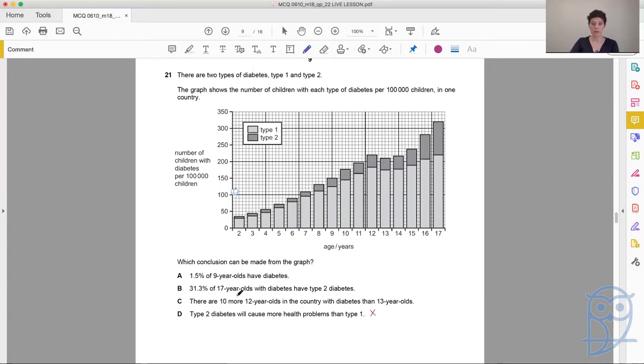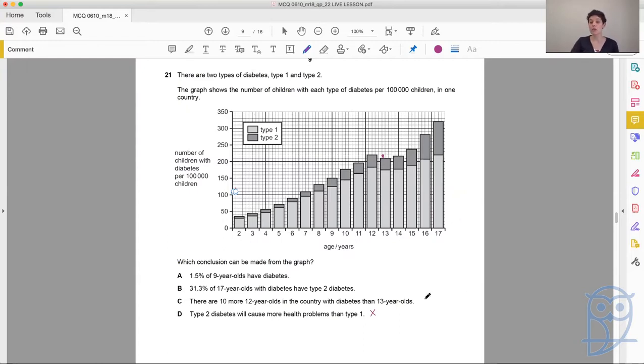So let's check this one. 10 more 12-year-olds in the country with diabetes than 13-year-olds. So if we look at 12-year-olds and 13-year-olds, there is a gap here of 10. But this is 10 children per 100,000. We don't know how many children there are in the country in total.